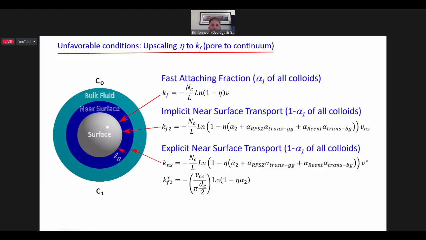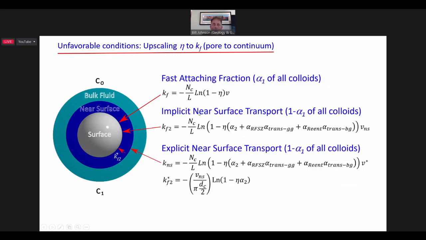And so applying that same process I showed you above for favorable conditions that results in this equation, we can apply it to unfavorable conditions to say there's also a slower attaching fraction to get this relationship between eta and a slower attachment rate coefficient.